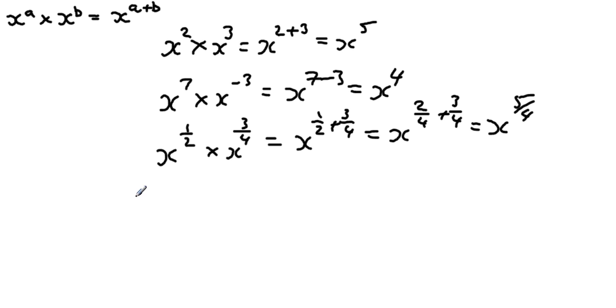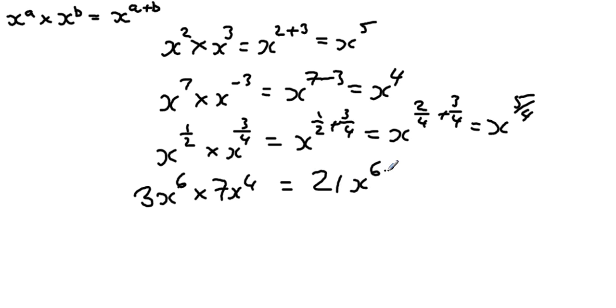If there's numbers or coefficients, give them their proper names, in front of the x's, well, we'll just deal with them separately. So if we had 3x to the power 6 times 7x to the power 4, do the 3 times 7 part first, so 21. So x to the power 6 plus 4 for our power, 21x to the power 10.